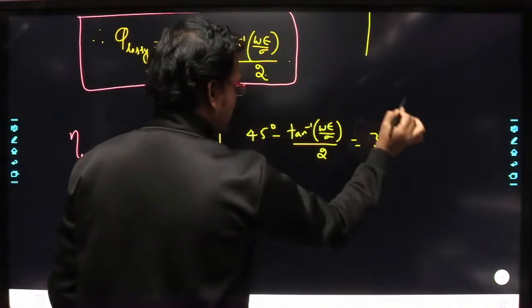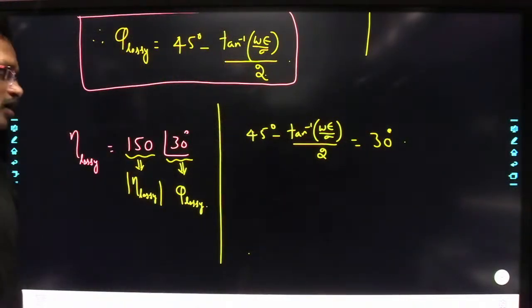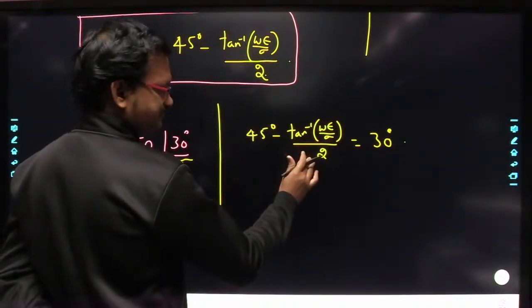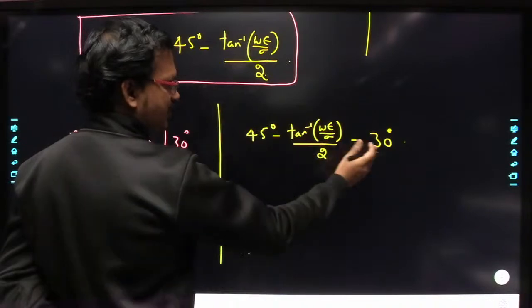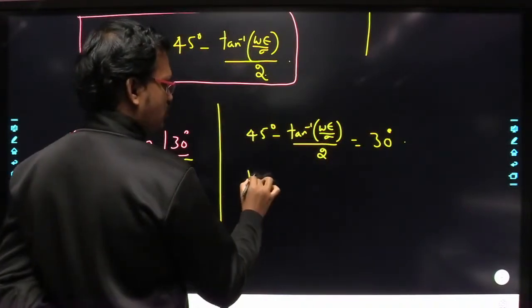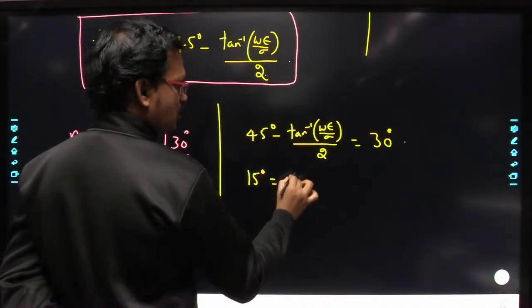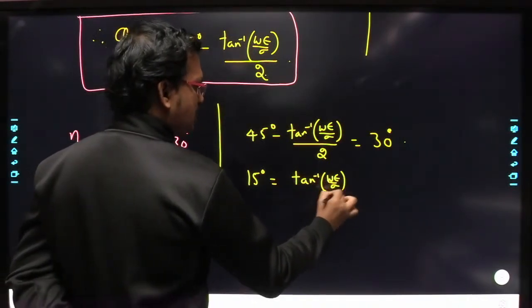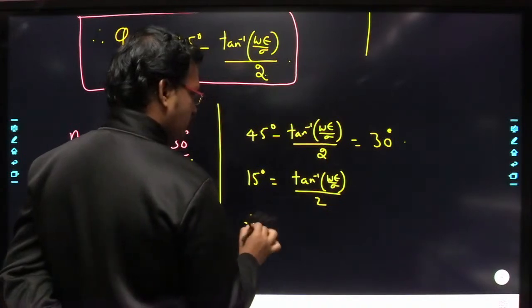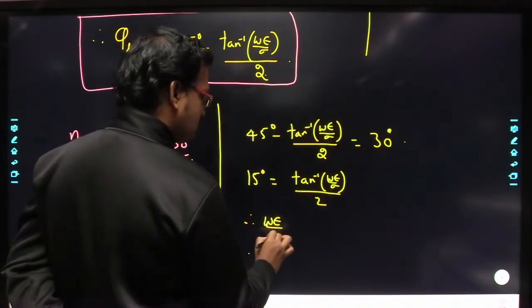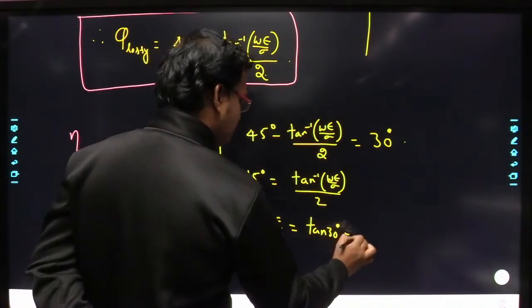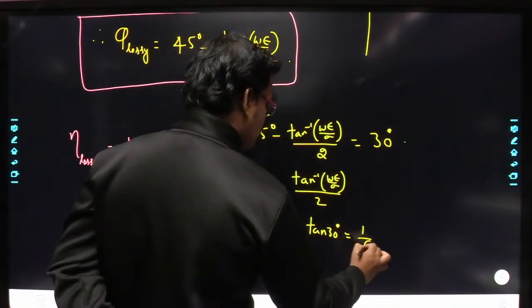If you simplify, take 30 degrees to this side, you get 15 degrees is equal to tan inverse of omega epsilon by sigma, divided by 2. Therefore omega epsilon by sigma is tan 30 degrees, and tan 30 value is nothing but 1 by root 3.